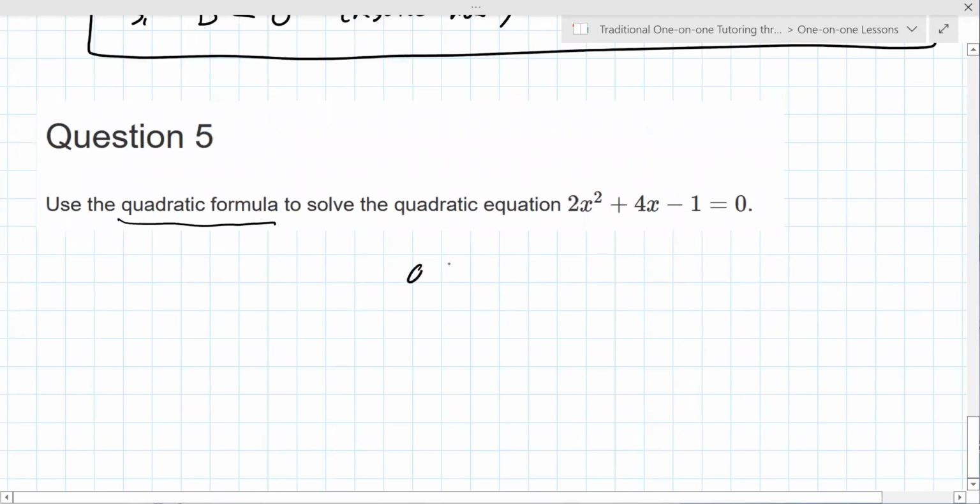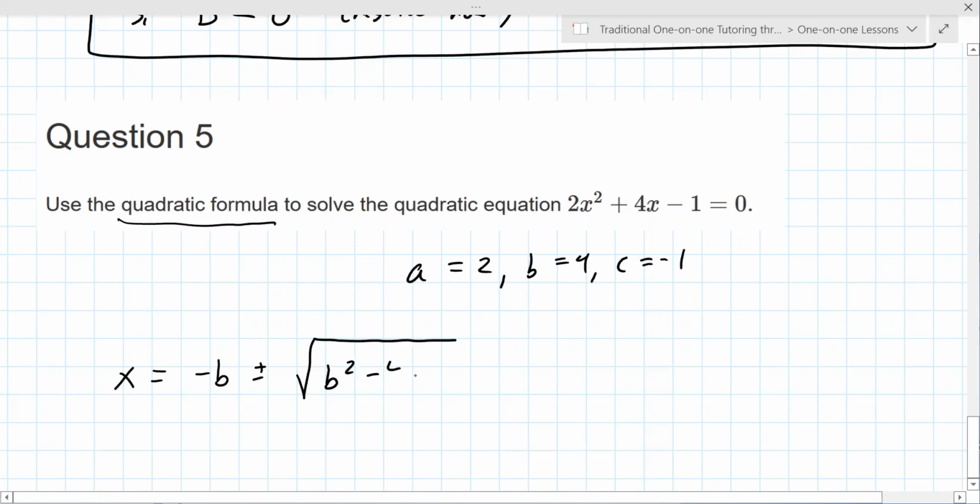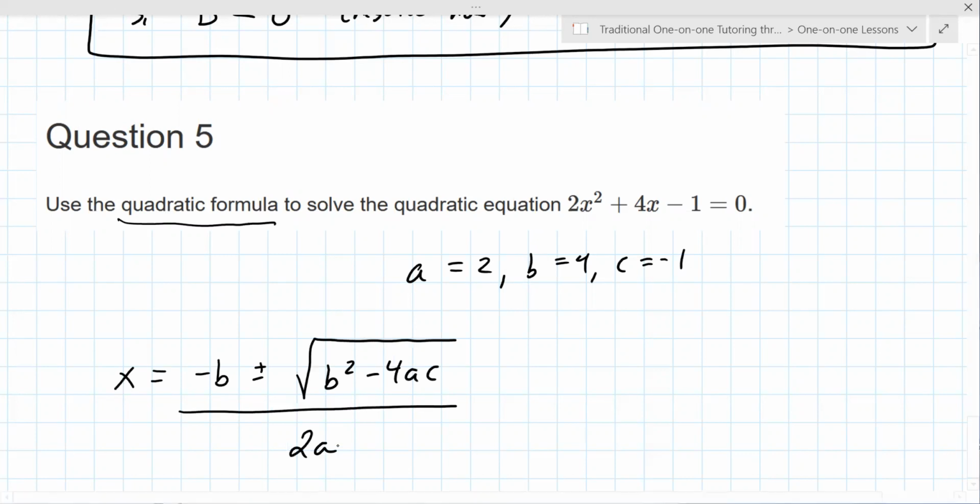You have to identify A, B, and C correctly. And then the full quadratic formula, you were asking about this earlier. Yeah, it does have a square root. It's negative B plus or minus the square root of B squared minus 4AC, over 2A. Like that.